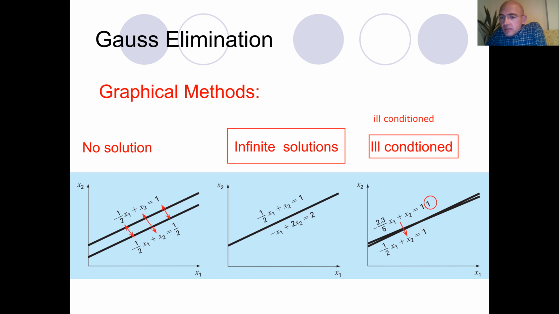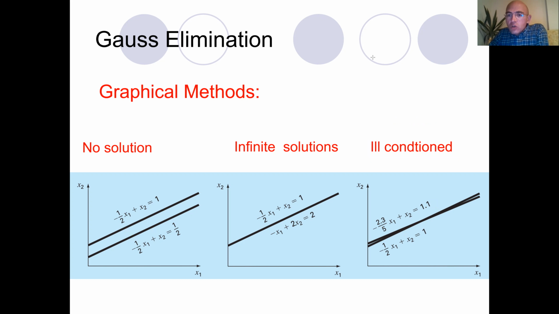So this is what the case is. As you see, there is a very small difference, and the computer may not detect this difference. It's all about the precision. Okay, so this is how we define an ill-conditioned problem.